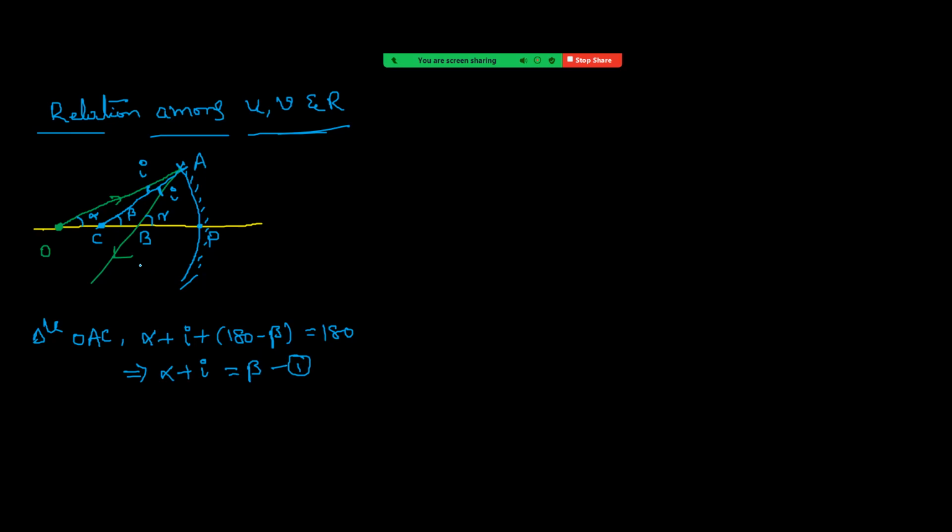Now consider the triangle O, A, B, where B is the image. In triangle OAB, this is alpha.